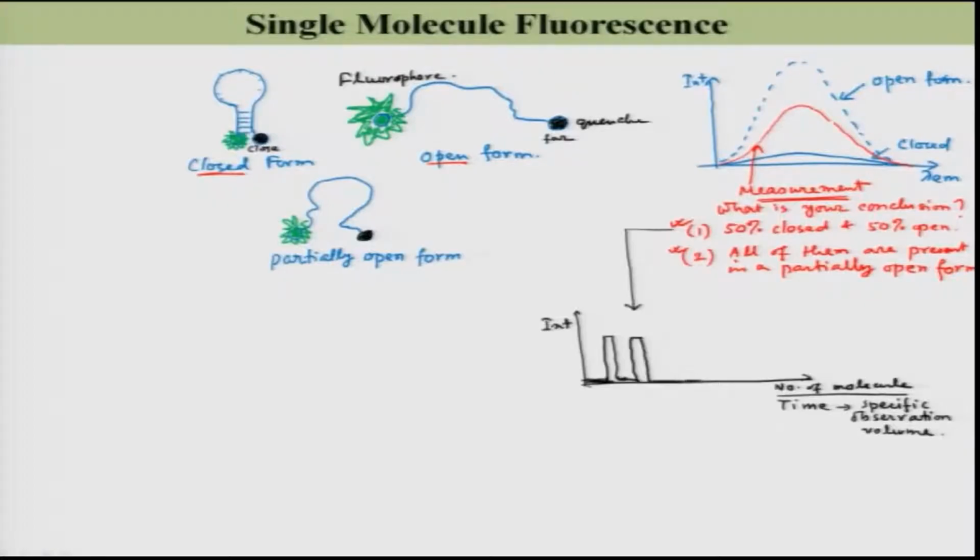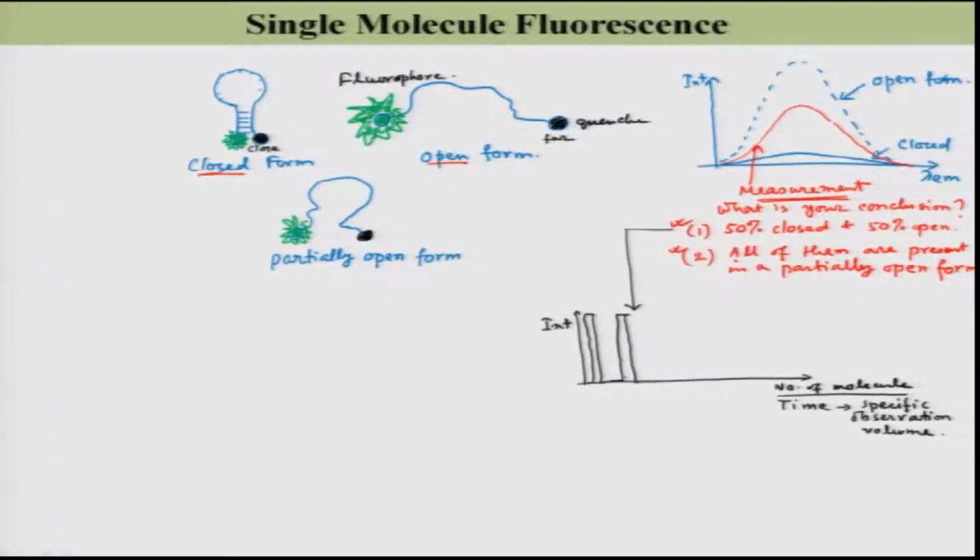when the third one enters, the fluorescence intensity is probably less because it is now the closed form which is entering. So, I should draw it properly. The first one is entering, fluorescence intensity is high, then when it leaves the fluorescence intensity is less. When the second one is entering, let us say it is also the open form, then the fluorescence intensity is very high, and when it leaves the fluorescence intensity is less.